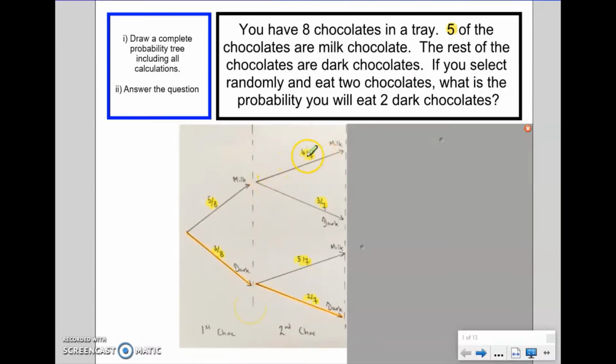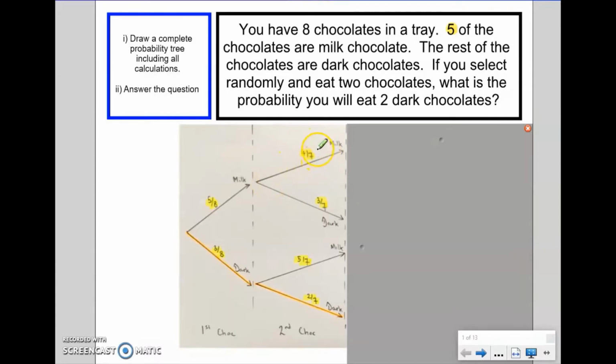The probability of choosing a milk chocolate on my second choice is 4 out of 7. And that is because previously this had occurred. I started with 5 milk chocolates and I chose a milk chocolate and ate it. So then I had 1 less milk chocolate and 1 less chocolate altogether in my tray.